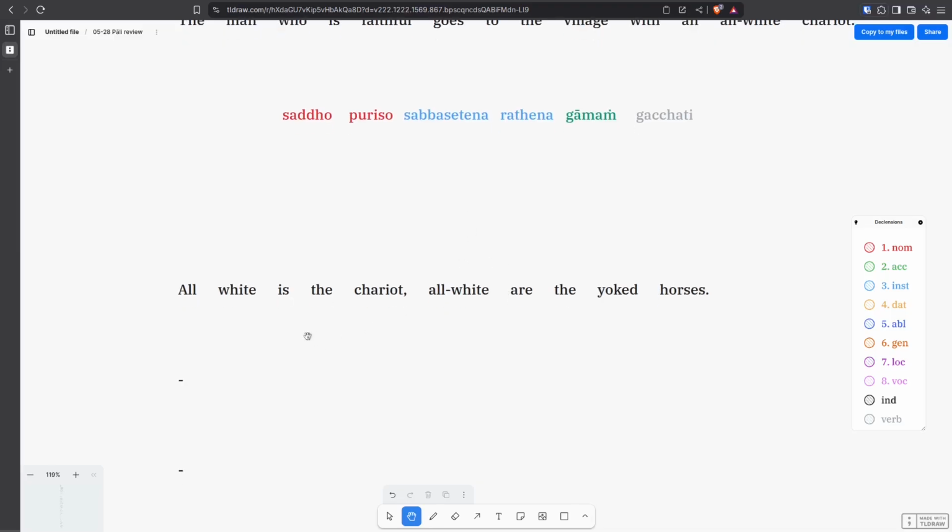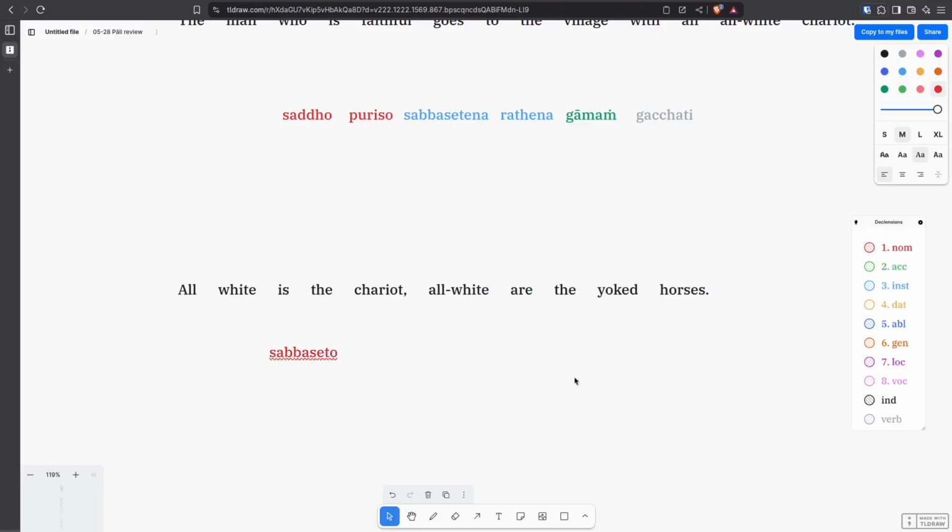Now we want to say something about the chariot. So all white is the chariot. Venerable Titapanyo, would you like to try to translate this for us? All white is the chariot would be Sabba Seto Ratho.